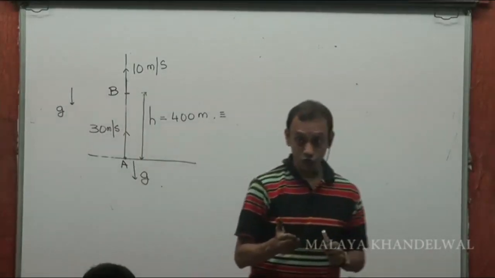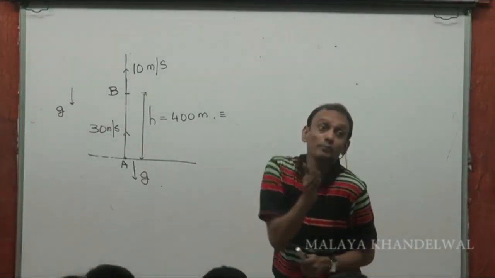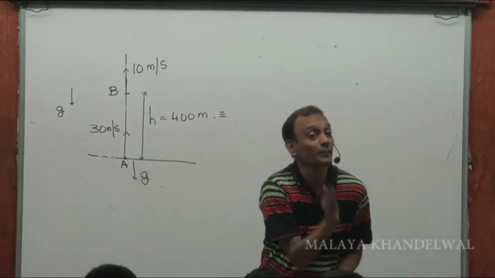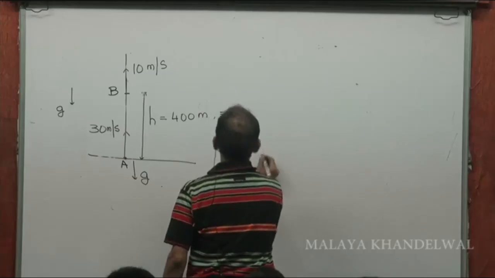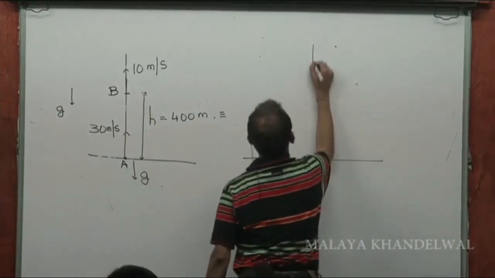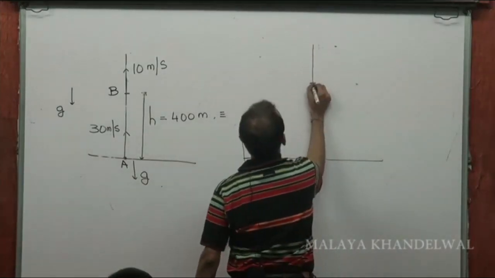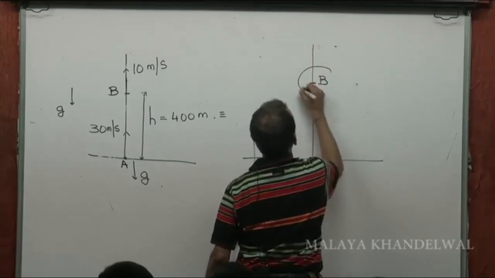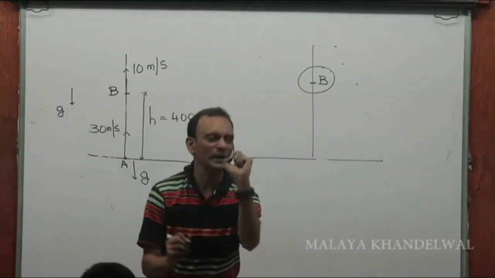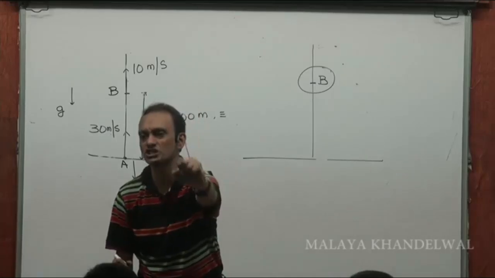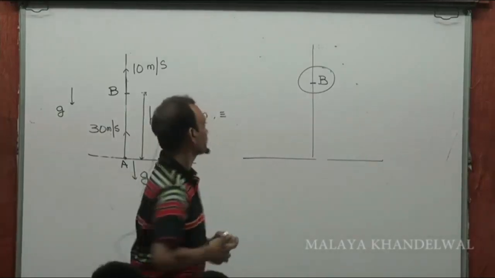Yes or no? Let me look upon B as an observer. So, in this equivalent situation, where B is looked upon as an observer, that means B is pinned. B is stationed. Clear?